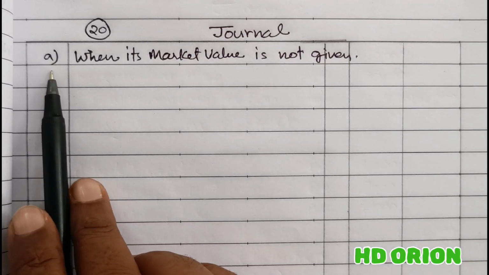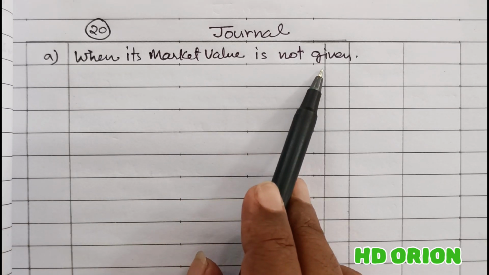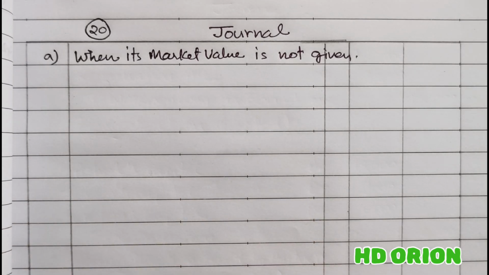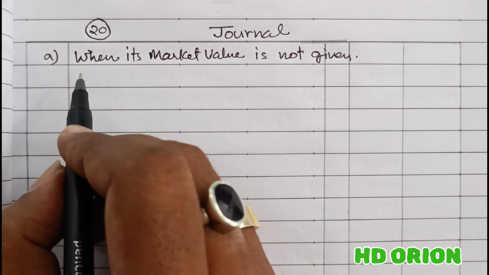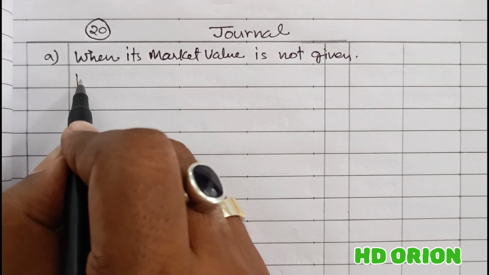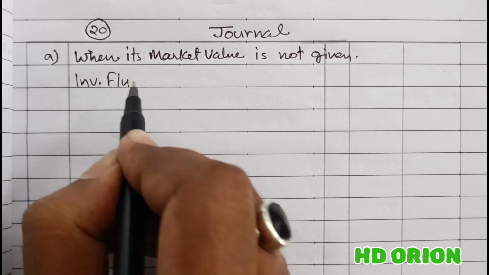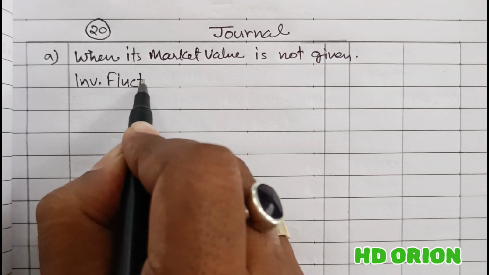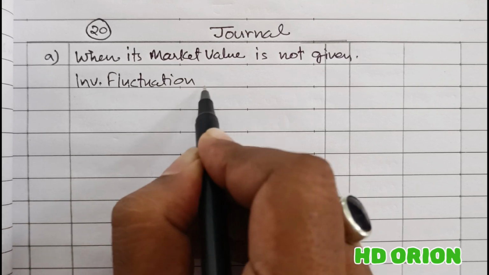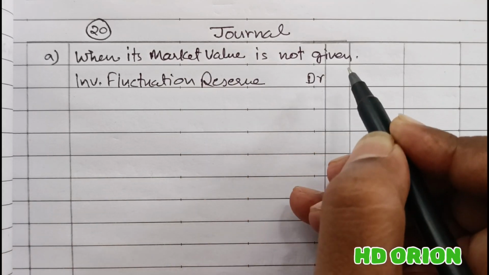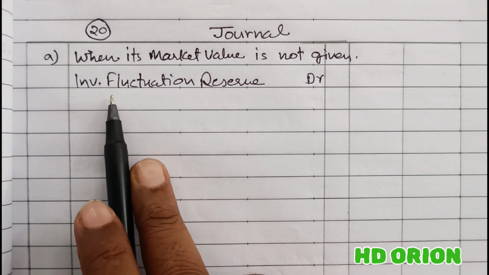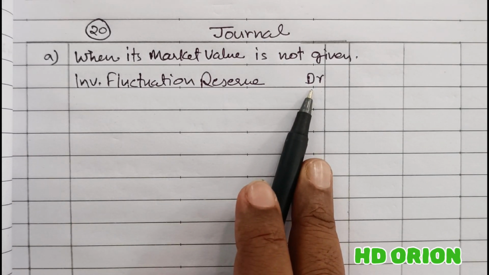So case A, when the market value is not given, then the entire reserve which is kept in the firm will be given to partners Nitin, Tarun and Amar. So it is investment fluctuation reserve account debited, because all the reserves are credit balances, so it has to be debited to be closed.